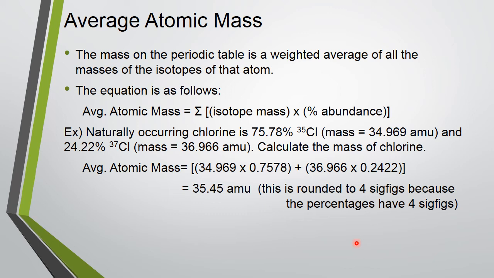So we round to 4 significant figures. Now, if we looked at a periodic table and looked at chlorine, its mass that's reported would be about 35.45. That's how they figure those numbers out. So tons of research has been done to find all the naturally occurring percent abundances for each element, find the mass of their isotopes, and do these calculations.